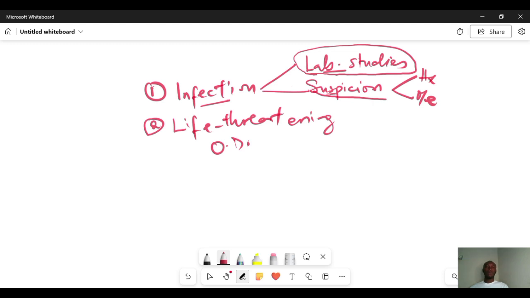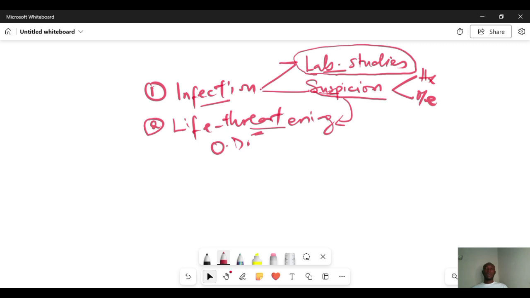Now, if this is present together with any feature of life-threatening organ dysfunction, a diagnosis of sepsis can be made and appropriate treatment can be commenced. Before commencing treatment, samples would have been taken to be sent to the laboratory, so later on during treatment, the results can come up. We say that diagnosing sepsis is a retrospective activity.